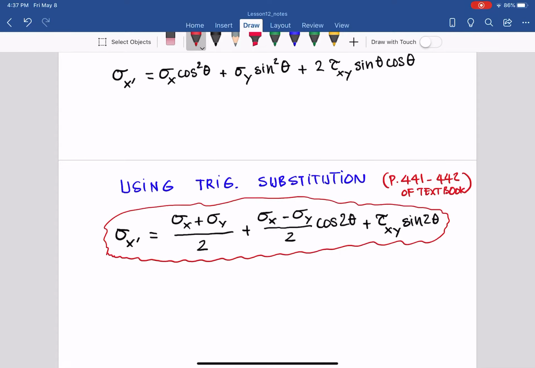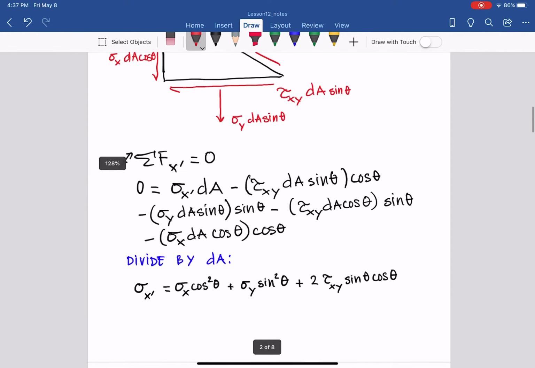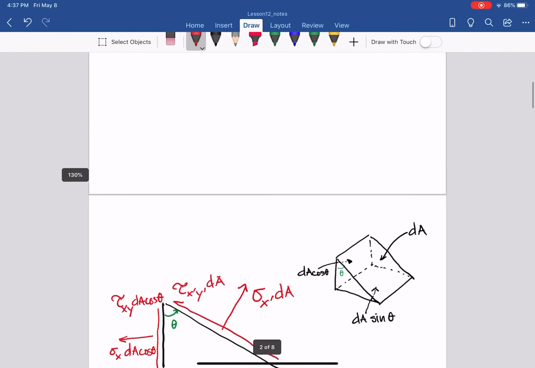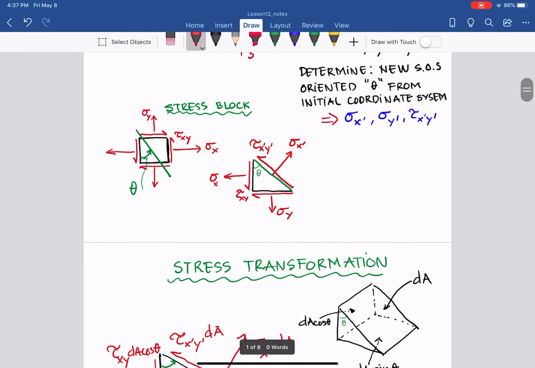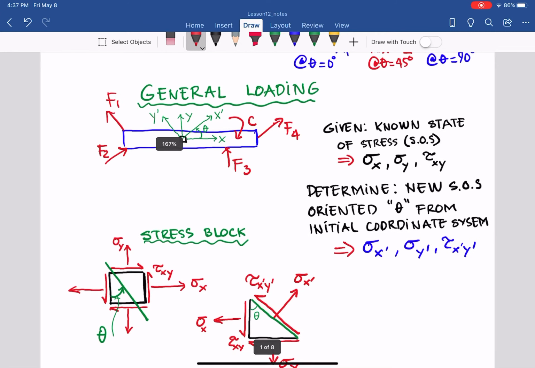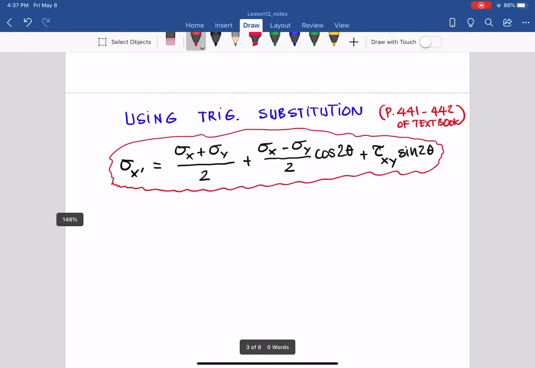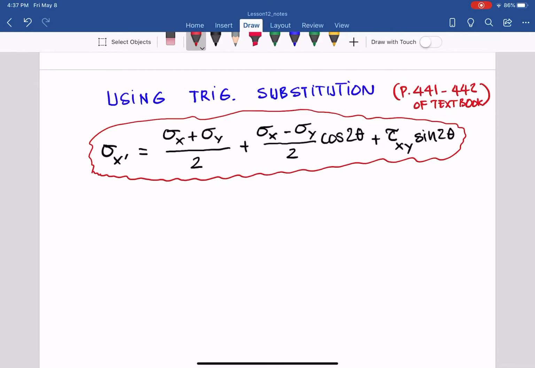And of course, similarly, we can sum up all the forces in the x apostrophe direction, and do the same for all the forces in the y apostrophe direction. You don't want me to go over the details again.